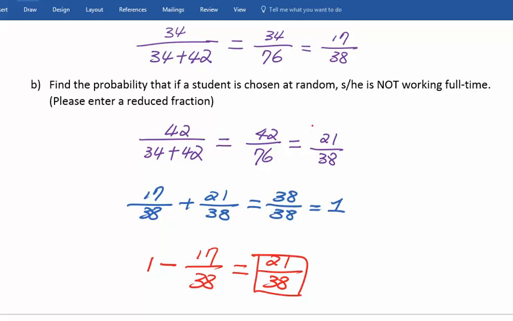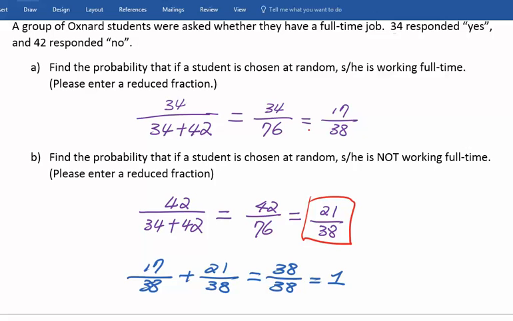So that is the alternative method of getting exactly the same answer using the fact that when you ask a student whether he's working full-time or not, this student is only going to answer either yes or no. So those two groups of students are the perfect complement of each other.